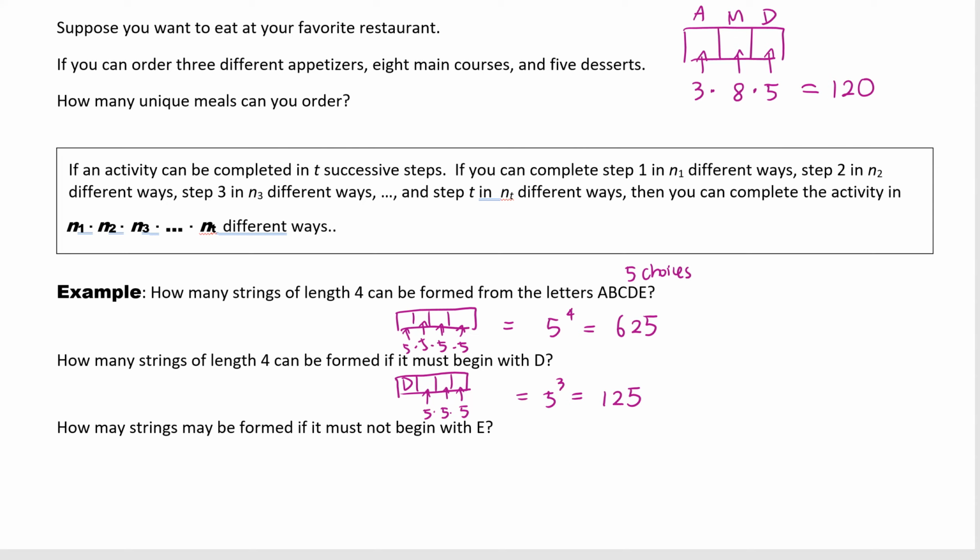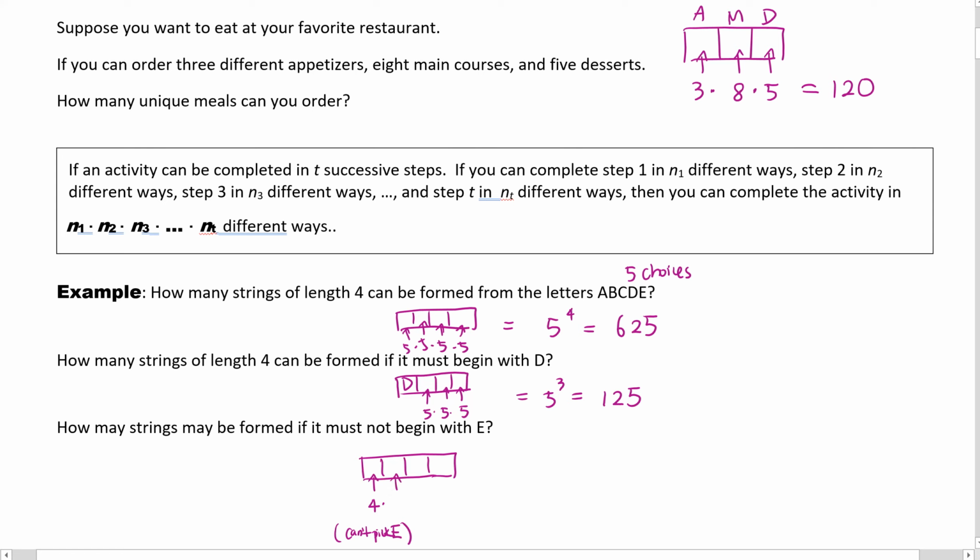Okay, next. How many strings can be formed if it must not begin with E? Okay, it must not begin with E. So this first letter is not E. Then we have 4 choices, because we cannot pick E. There are a total of 5 letters, but we cannot pick E, so there are only 4 choices for the first letter in the string.